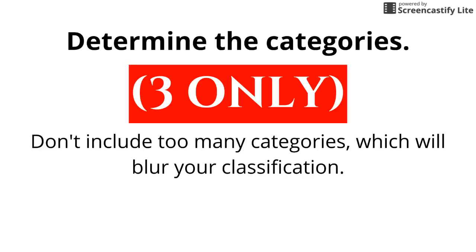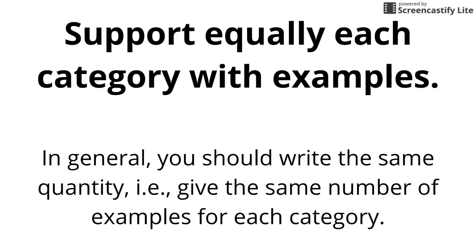Also, determine the categories. Stick to three, which will be fine. Don't include too many categories, which will blur your classification, unless you are writing a research paper. Finally, support each category equally with examples. This is my last tip to you, and you need to stick to it.